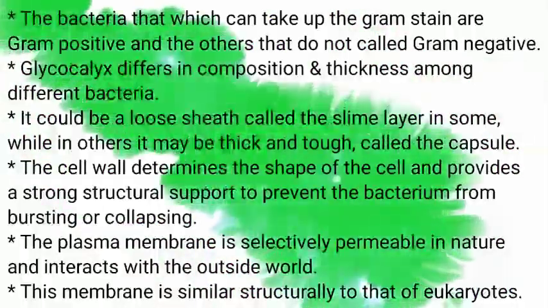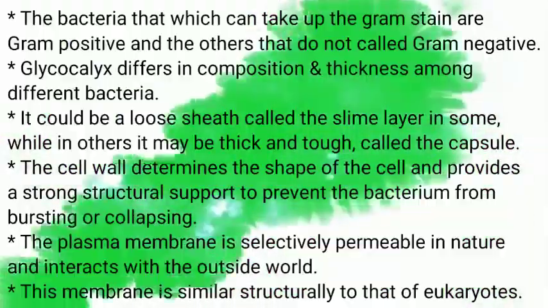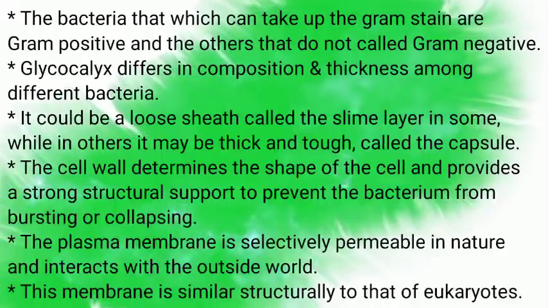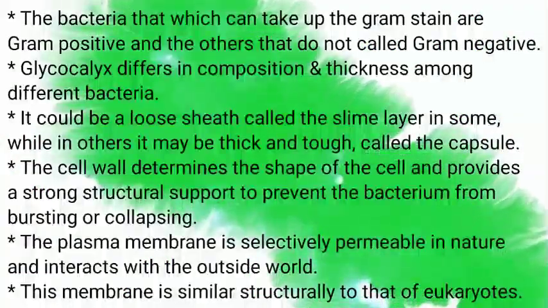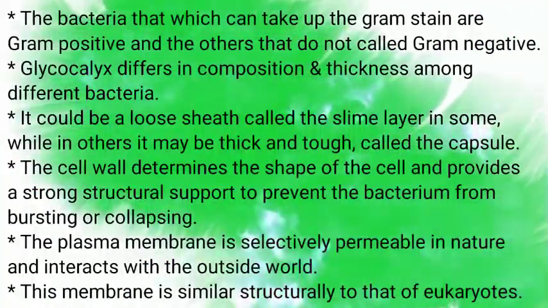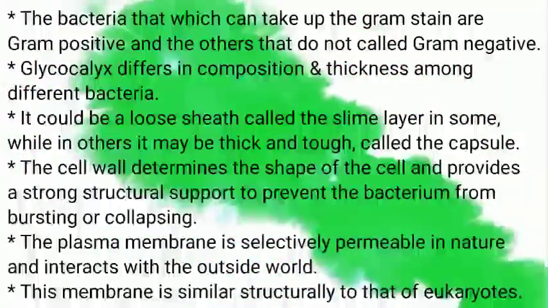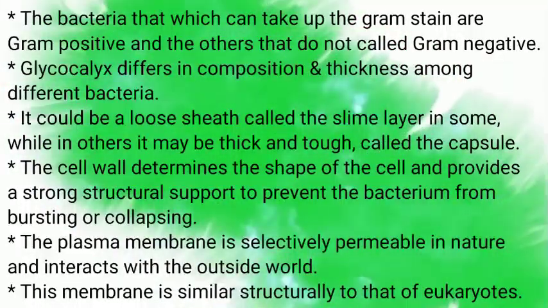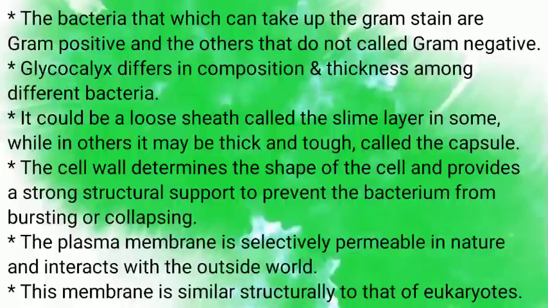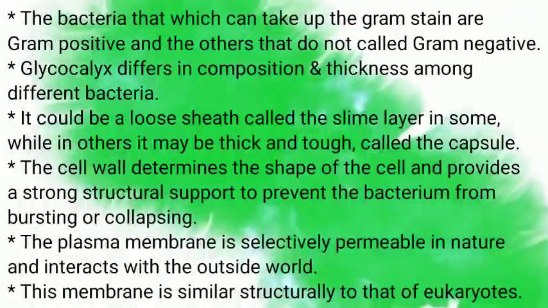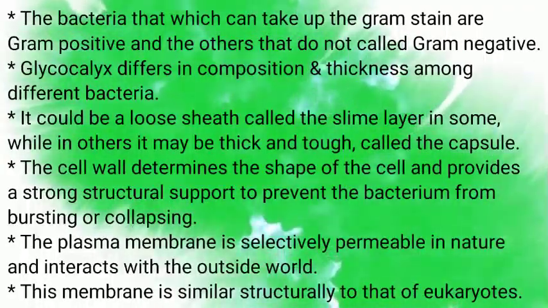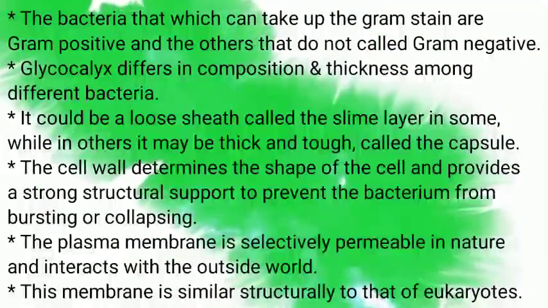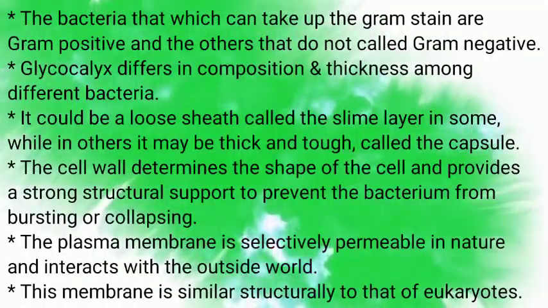Remember, the bacteria which can take up the gram stain are called gram positive bacteria, and those which do not take up the gram stain are called gram negative bacteria. Glycocalyx differs in composition and thickness. In some bacteria, it is a loose sheath called the slime layer. In some bacteria, it is thick, tight, and tough, which is called a capsule.